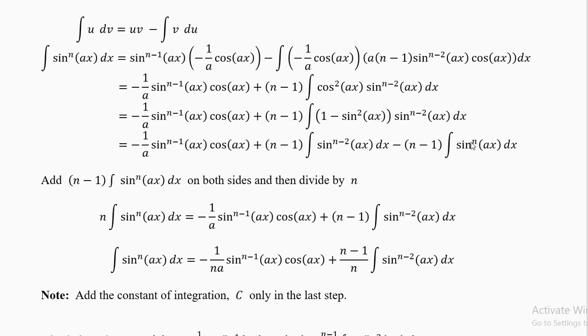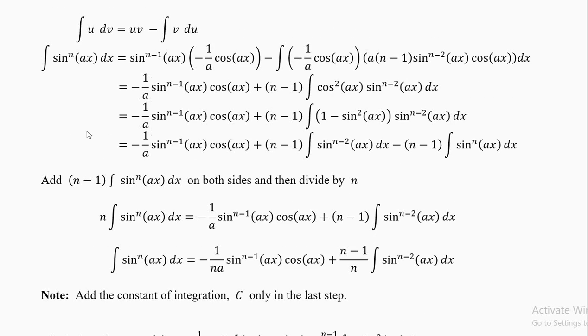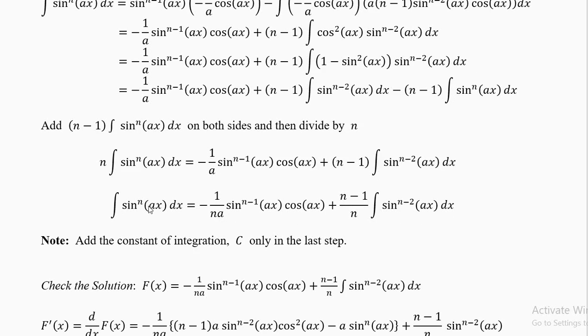Now we are having sine power n, which was your original integration, coming on the left and on the right with minus n minus 1. You add n minus 1 sine power n on both the sides. You will get n minus 1 plus 1 will be n. Then you divide by n, and this is your final reduction formula.